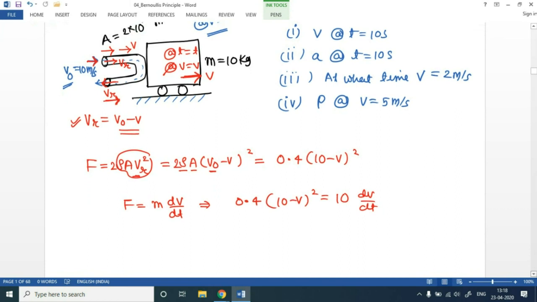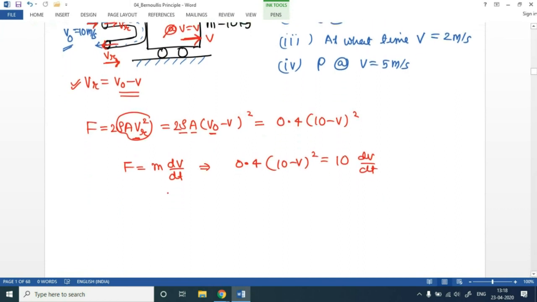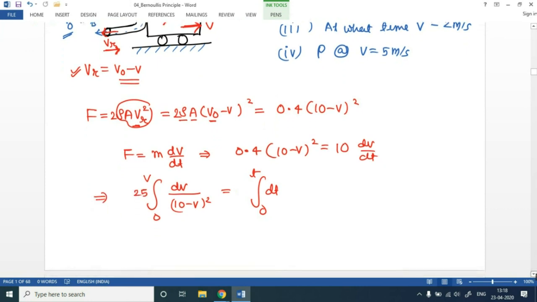So here we have a differential equation: dv divided by 10 minus v square, from 0 to v on the left hand side, and dt from 0 to t, and this coefficient here would be 25. This is the differential equation we are having.